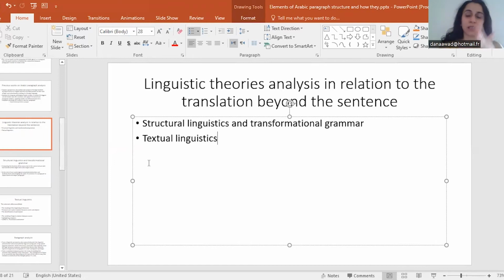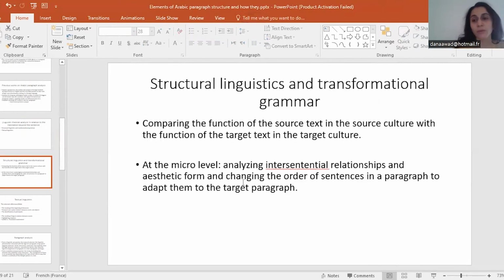And structural linguistics, according to the Prague School, with transformational grammar as a complementary element that completes the deficiencies in structural linguistic analysis for translation purposes.